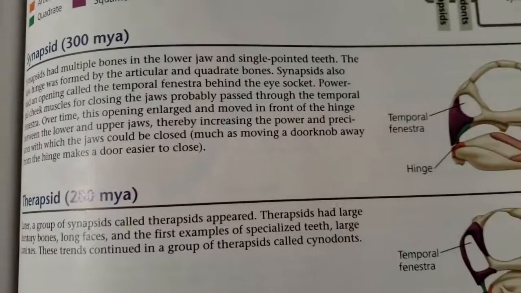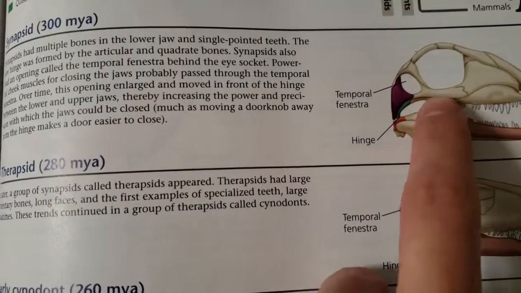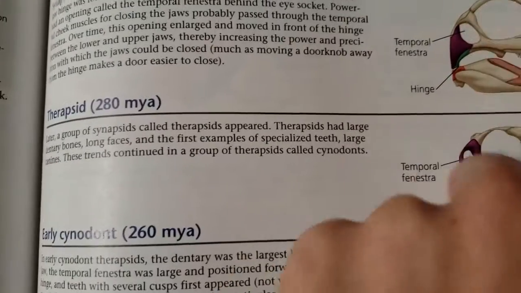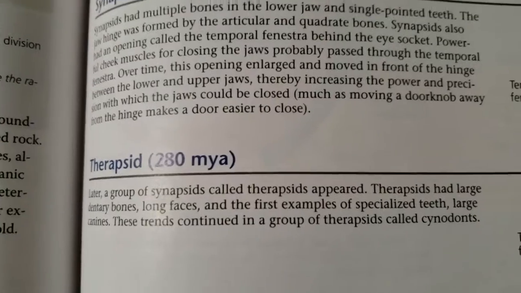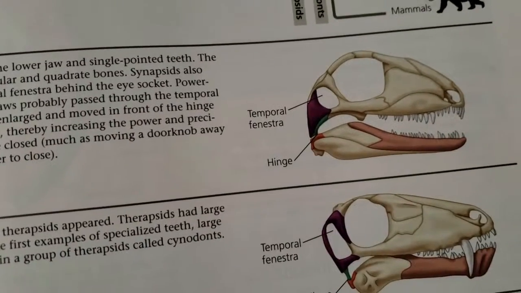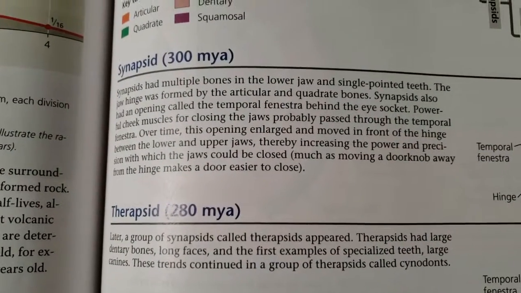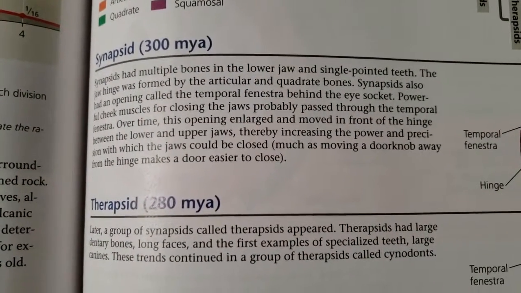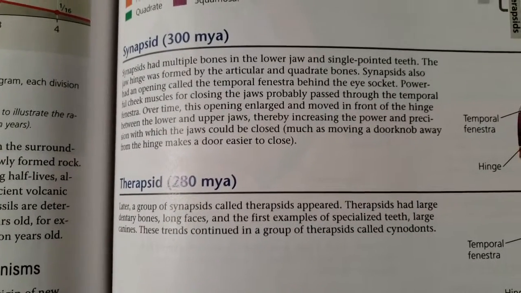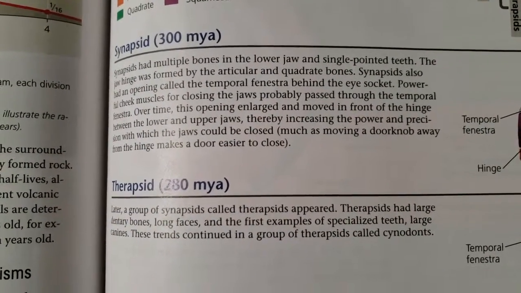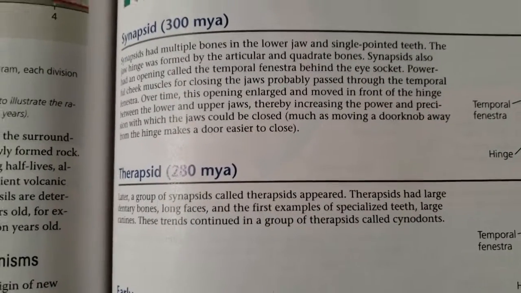You had this huge upper portion right over here. Over time, this opening enlarged and moved in front of the hinge between the lower and upper jaws, thereby increasing the power and precision with which the jaws could be closed.